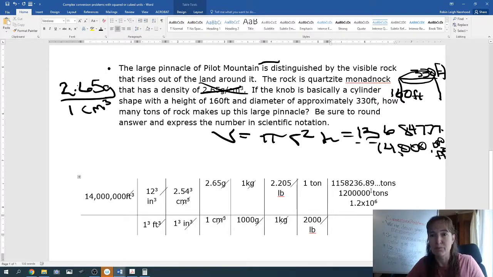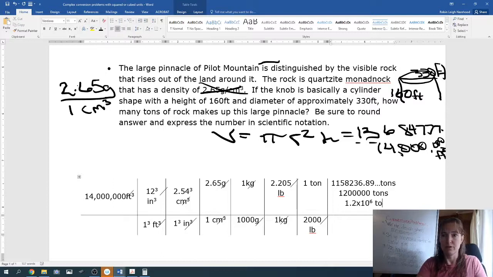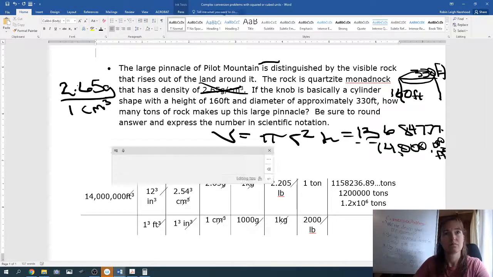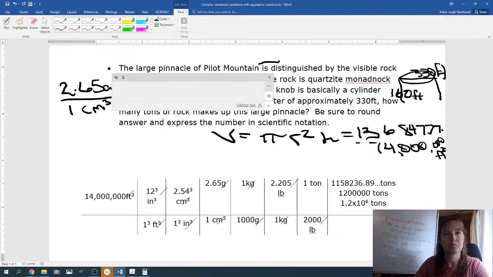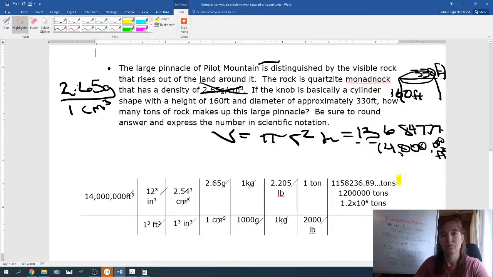You would move it 6 places, 1, 2, 3, 4, 5, 6 places, and then you would put the units. Either one of these would be correct because they are rounded to 2 digits based on your measurement that was given, the 330 feet and the 160 feet.